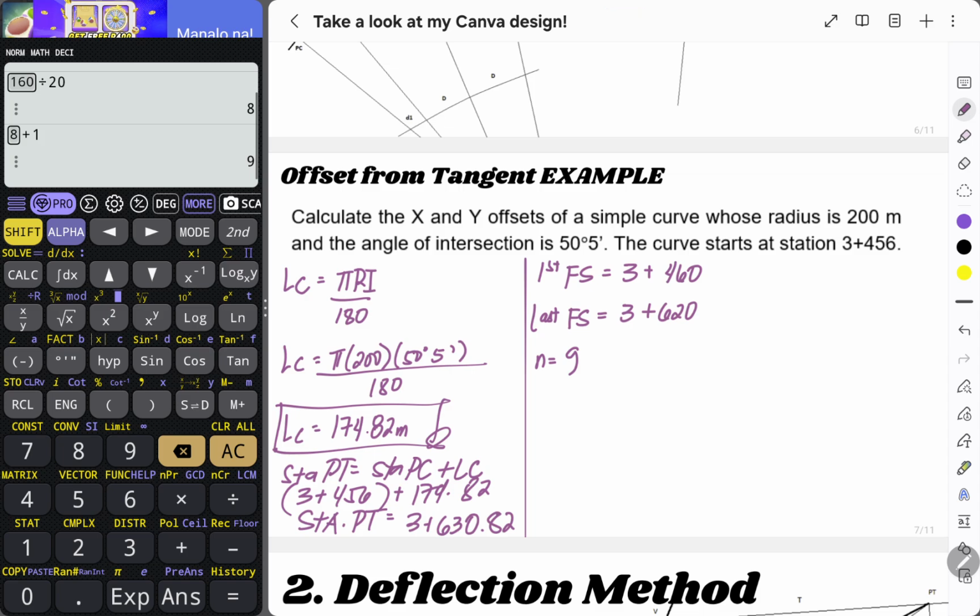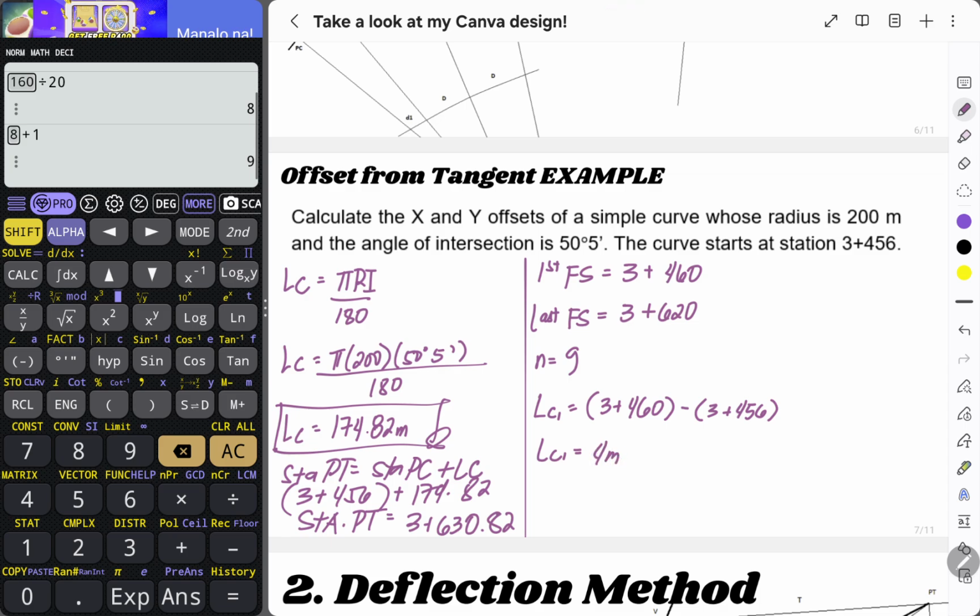Alright. So, yung LC naman natin, LC1. So, first full station, so 3 plus 460 minus station ni PC or C 3 plus 456. So, LC1 is equal to 4 meters.